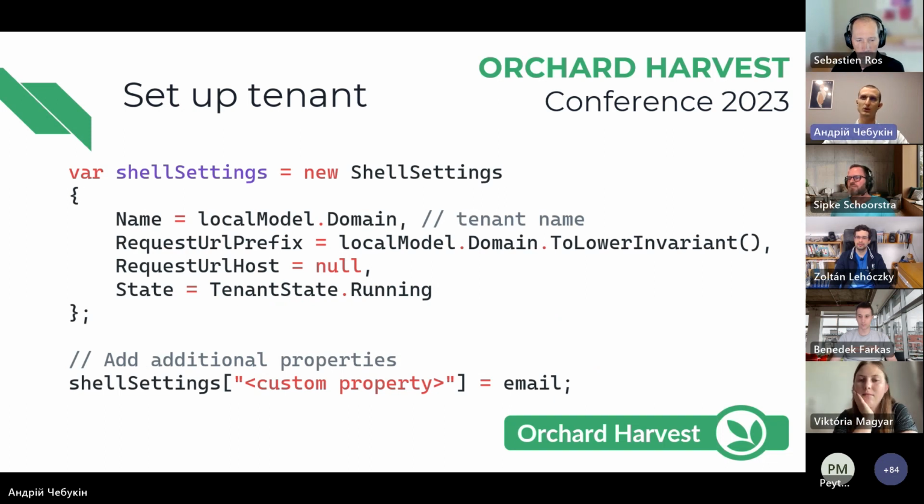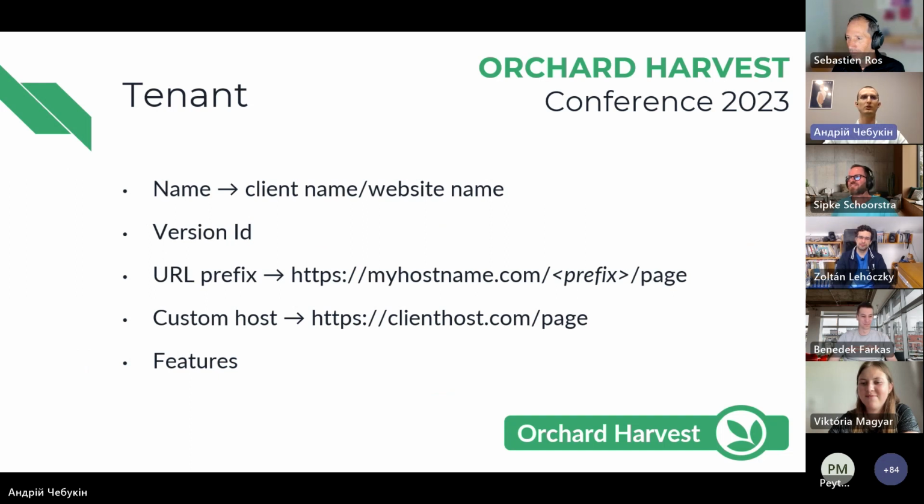If you attach this domain to your app service in Azure, and then a request comes to your app, it's resolved by route and redirected to your tenant subpath. Let me show you that piece. Here you have the URL prefix and the custom host. The custom host just redirects to the path with this URL prefix.